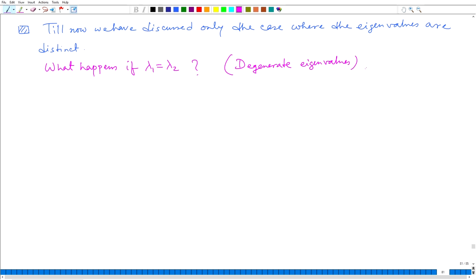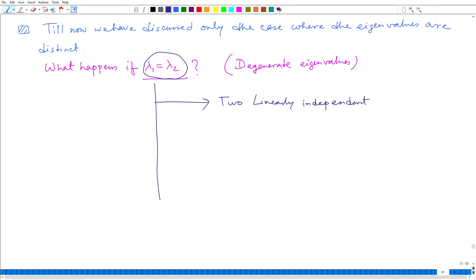If I have equal eigenvalues, then the case actually becomes tricky, and actually I have then two possibilities. The first possibility is that although the two eigenvalues are similar, still the system has two linearly independent eigenvectors.